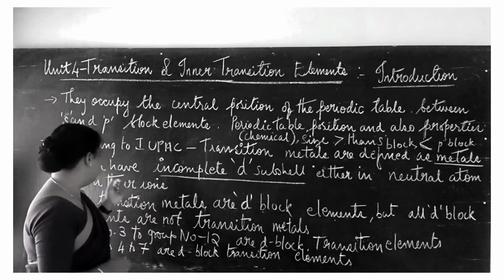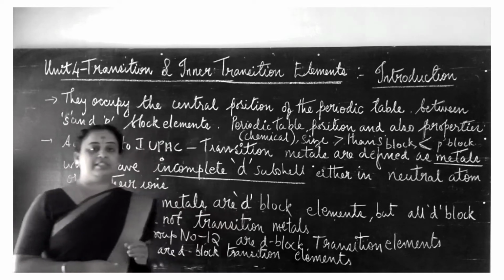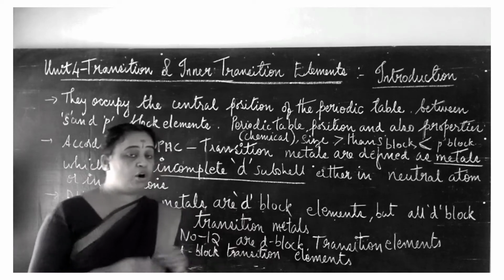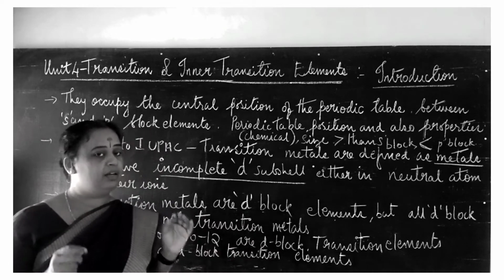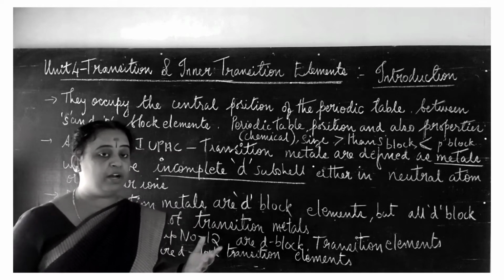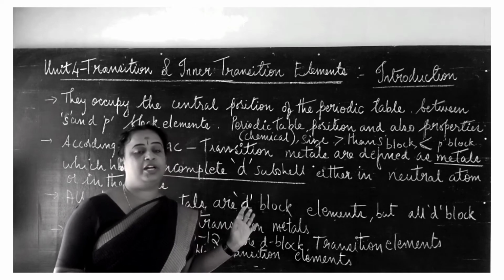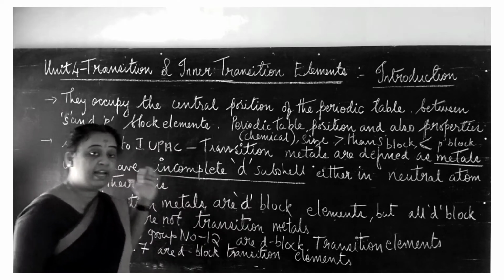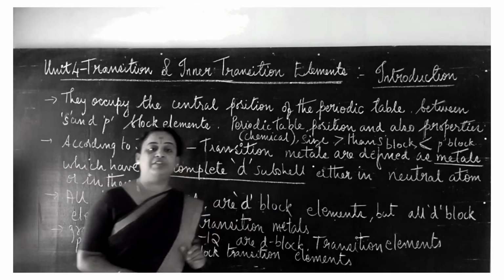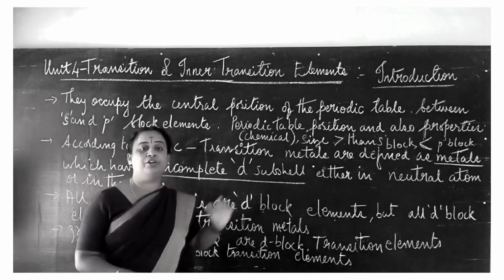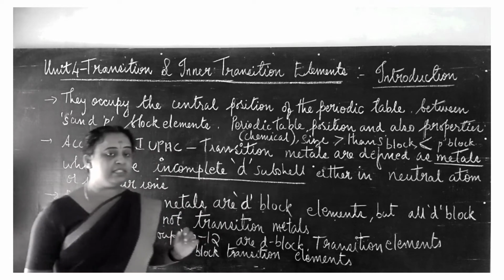These transition metals are all D block elements. The transition metals are all placed in the D block of the periodic table. But all D block elements are not transition. There are some elements in the D block which do not obey this IUPAC definition, which do not have incomplete d subshells.